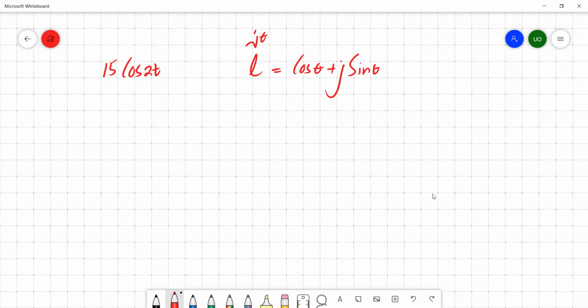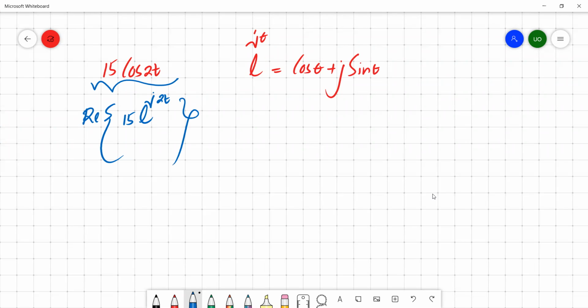By looking at this combination, we can simply say that this is the real component of 15 e to the power j 2t.